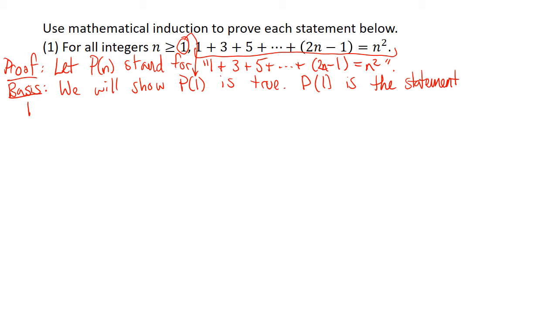So apparently 1 is the first and the last term of that sum, so it's really just 1. So this is the statement 1 equals, and then on the right-hand side, of course, you're plugging in 1 for n. Okay, so what you want to do is just show that the left-hand side of this equation and the right-hand side are equal. See, you haven't proven it yet, you're just saying what you're trying to prove.